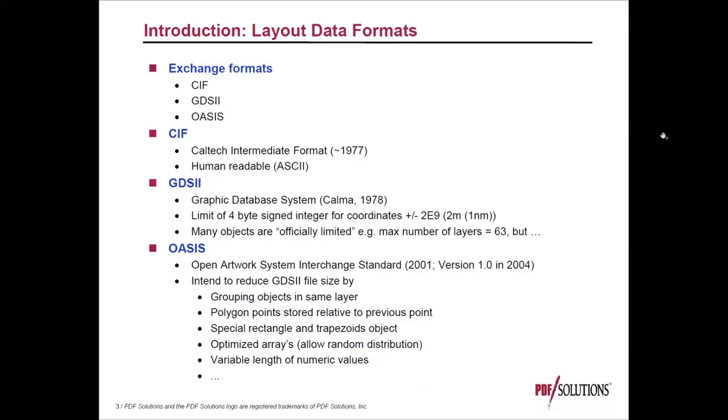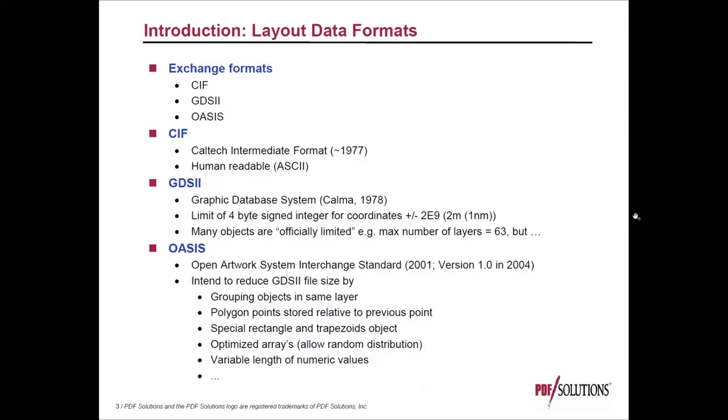And the intent was really to reduce the file size. They used various techniques, and we will go into detail about them, like grouping objects by the same layer, or having polygon points stored relative to the previous point instead of point by point, special rectangle and trapezoid objects, and optimized array structures like random distribution of arrays instead of just XY or row-column arrays.